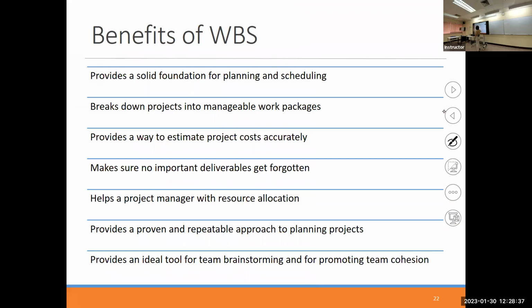Here is to understand the benefit of the work breakdown structure. I think I can quickly go through and you would agree, right? It provides a solid foundation for planning and scheduling. When you are the project planner or manager negotiating with the executive, and the executive says I need the project to be done in 6 months, and you say no, we can do only 9 months.